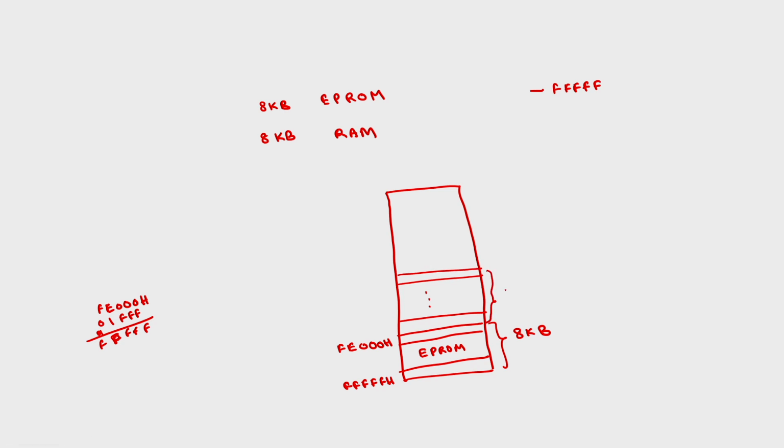Similarly, the address one below this one, I want to use for another 8K for RAM, random access memory. Okay. So what will be the starting and ending address? The ending address is 1 less than this, which is FDFFF, and for the starting address you have to subtract 01FFF.